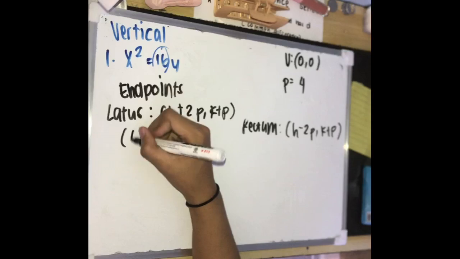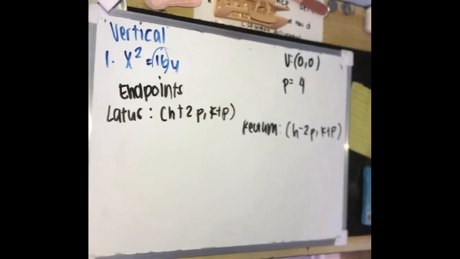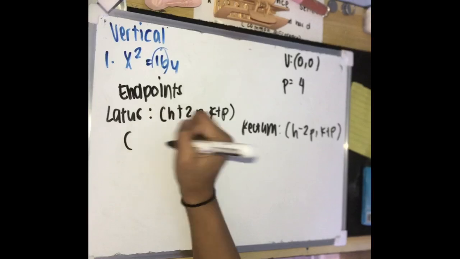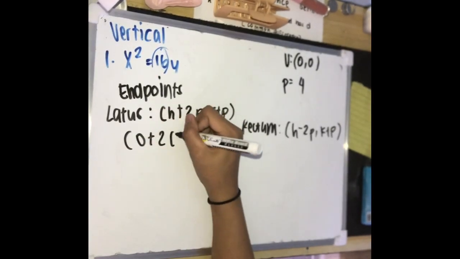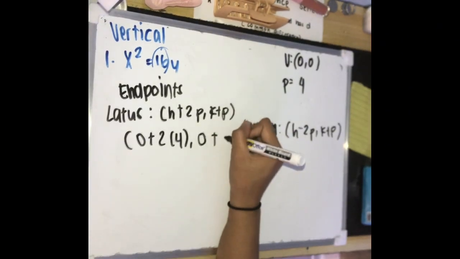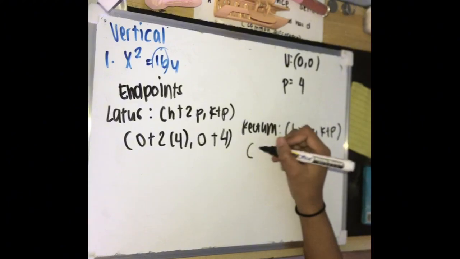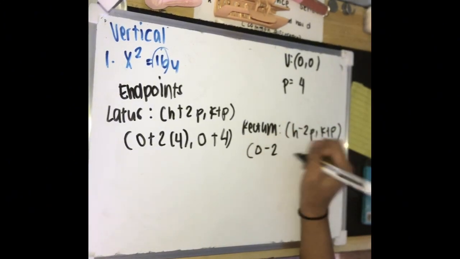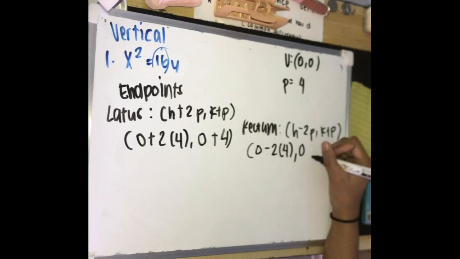So, yung h is 0 plus 2, and yung p natin is 4. And yung k natin is 0, and yung p natin is 4. So, sa rectum naman, ang h natin is 0, minus 2, and yung p natin na 4. And k natin na 0, and p natin is 4.